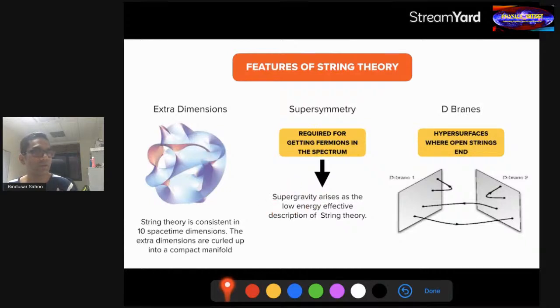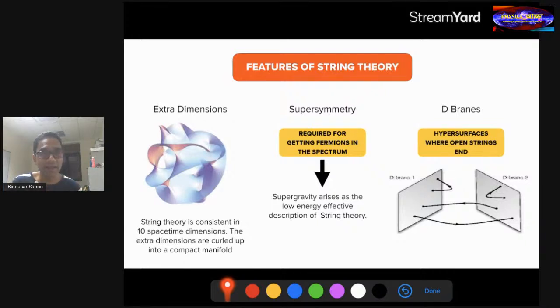So you don't get just gravity out of string theory. You get gravity combined with supersymmetry, which is a supergravity theory. Supergravity is not the complete string theory, but it is the description of the low energy sector of string theory.